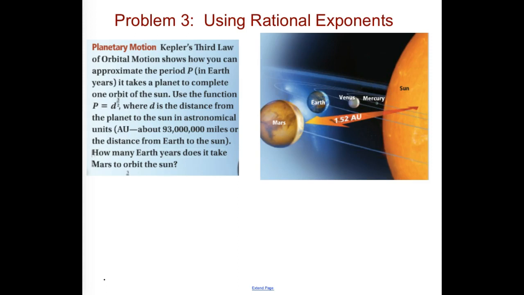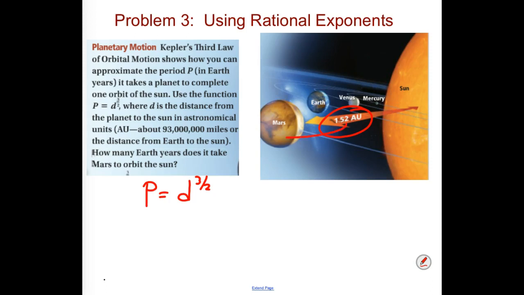Okay, so we are given this equation, a big long word problem with a pretty basic formula. And they gave me a value of 1.52 astronomical units as my distance. What am I going to do with 1.52? Put it in for which variable?